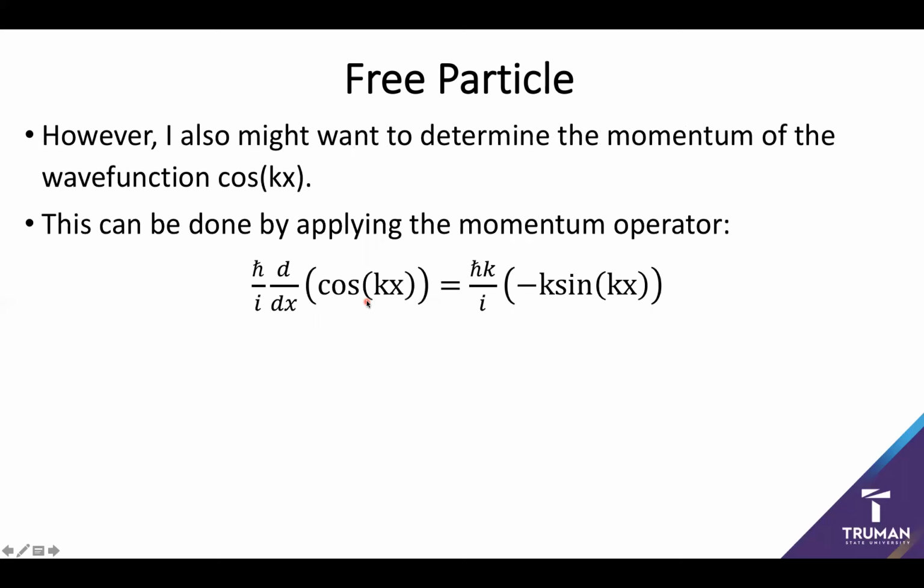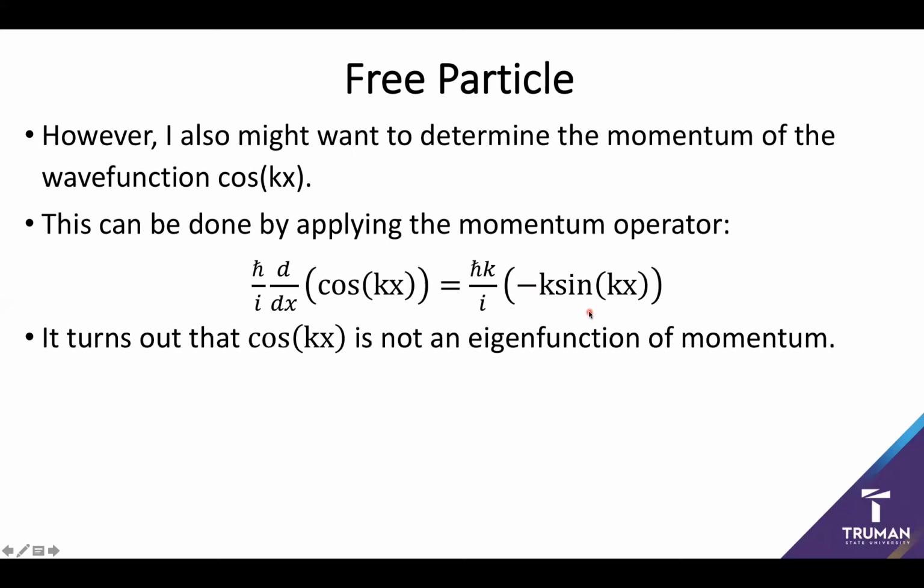Now we run into a little problem, because when I take the first derivative of cosine kx, I get negative k sine kx. Cosine kx, while it's an eigenfunction of energy, isn't an eigenfunction of momentum. So now we have a slight problem to deal with.